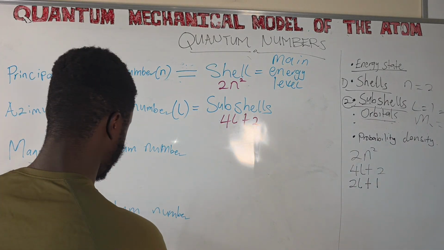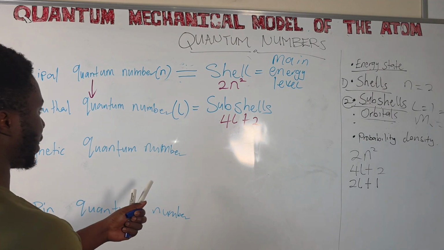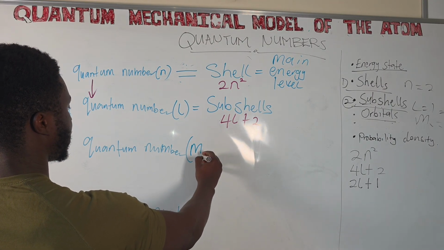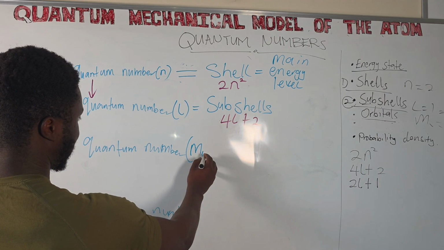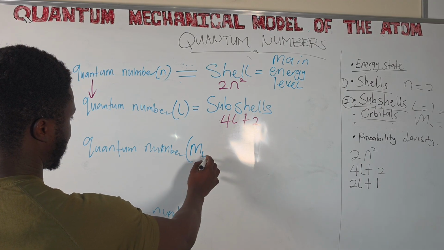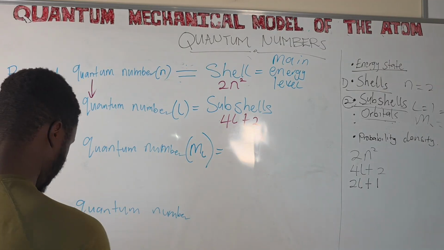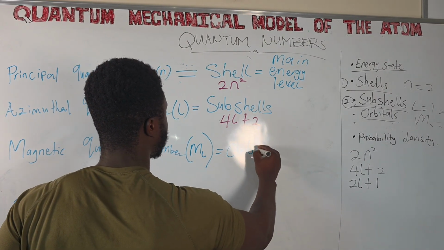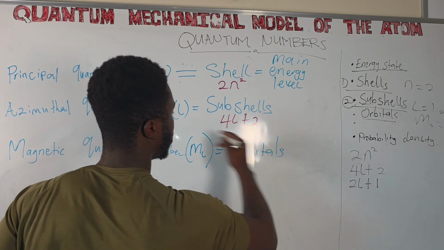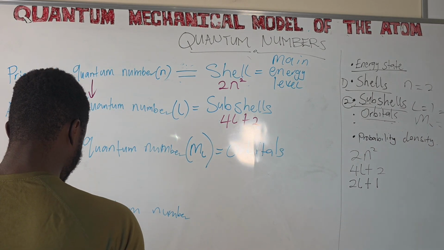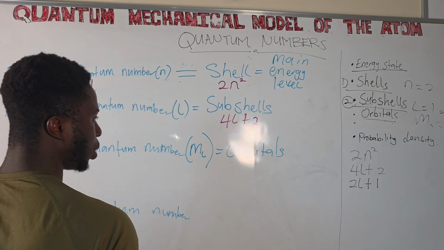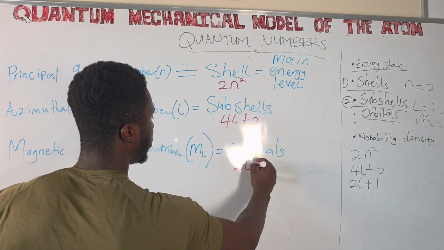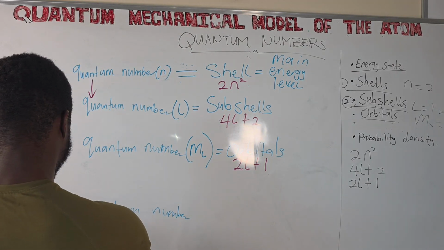Like that. And we move on to the magnetic quantum number, which is also demarcated by m subscript L, magnetic quantum number or magnetic angular momentum, which is equal to, what did they say they are? They are the orbitals, right? And what is the maximum number of electrons an orbital can hold? They can hold 2L plus 1, right?